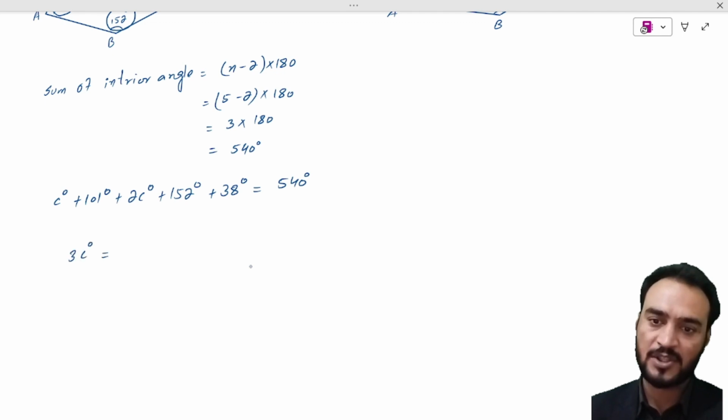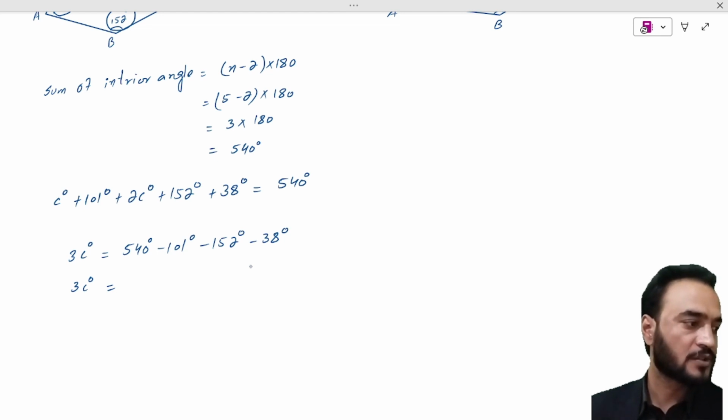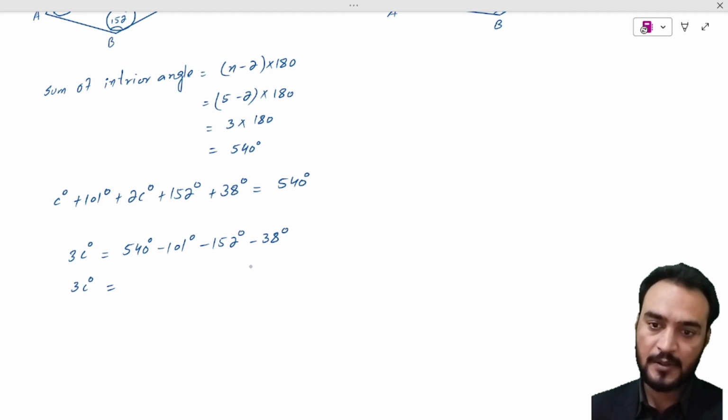we subtract the constants on the right side, that is 540 minus 101 degree minus 152 degree minus 38 degree. Subtracting these angles from 540, we get the answer, which is equal to 249 degrees.